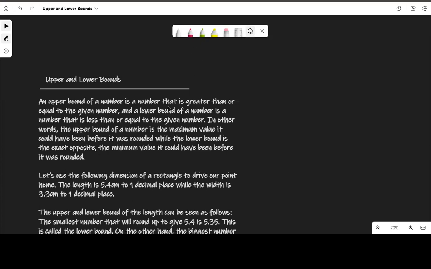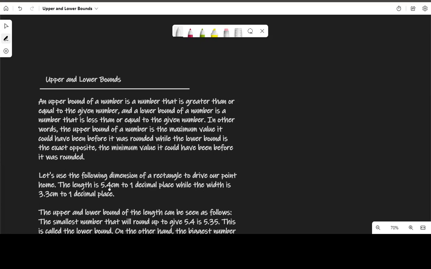So if I have a number, for example, the dimension of a rectangle, which is given as the length is 5.4 centimeter to 1 decimal place, and then the width is 3.3 centimeter to 1 decimal place.